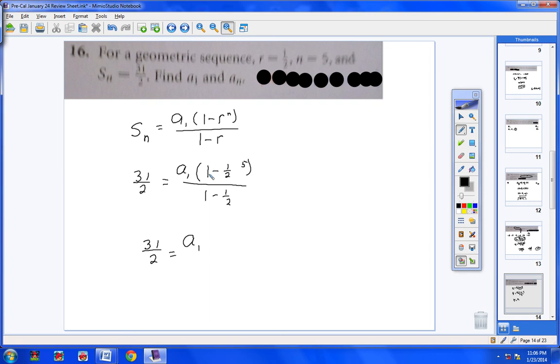Well, using a calculator, it will do all of this for you. 1 minus 1/2 to the 5th power will give you 31 over 32 if you did that correctly using a calculator. And then your denominator would be 1 minus 1/2, which would be 1/2.